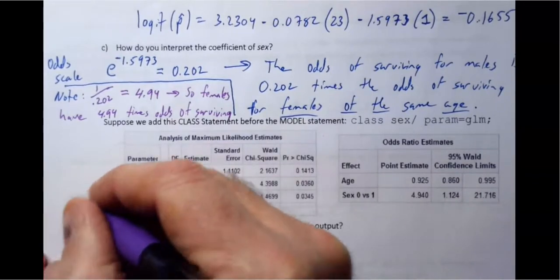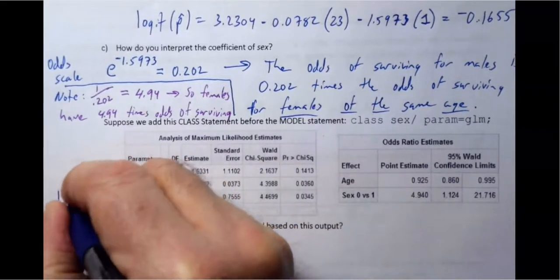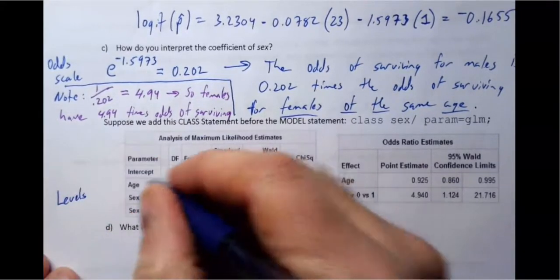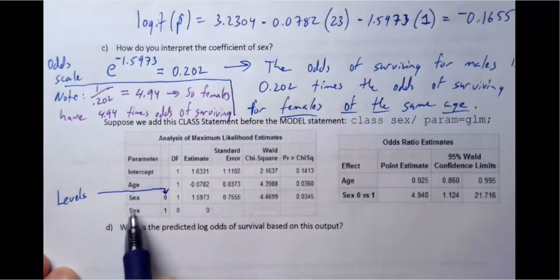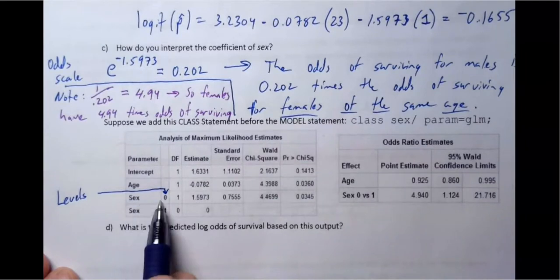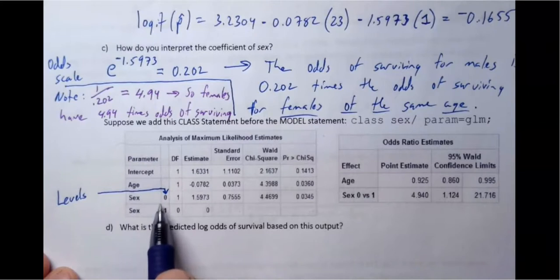But again, if we don't specify a reference cell, SAS does everything alphanumerically, so it will model sex equals 0 for females as the reference category, and males will now be the reference category. Sex equals 1 will be the reference category, and it will give us a dummy variable in a sense for sex equals 0. So it's kind of odd.